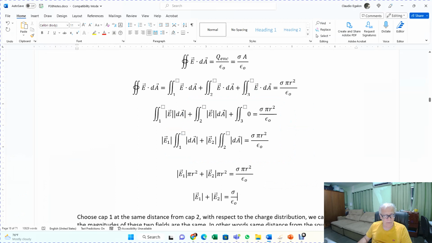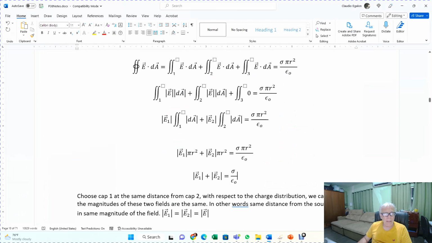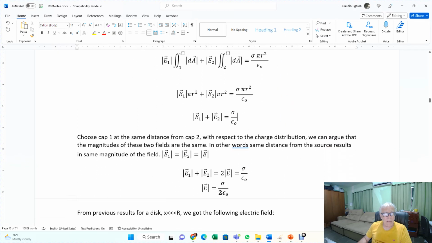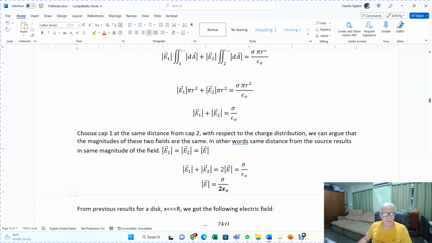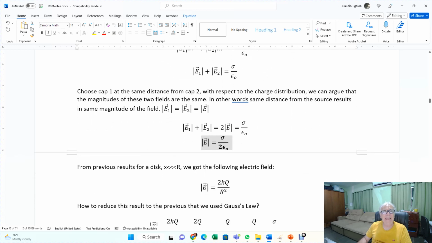If E1 is equal to E2, then E1 plus E2 is going to be twice the electric field, and we end up with this solution, which, by the way, is exactly the solution that we got previously.